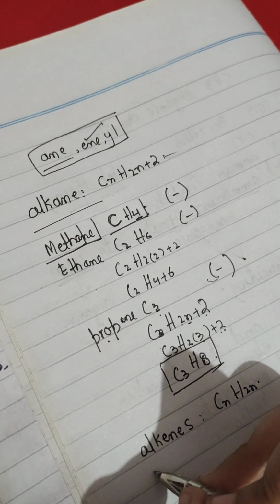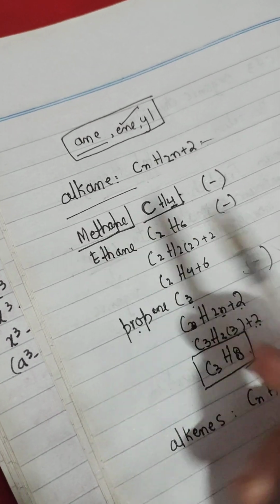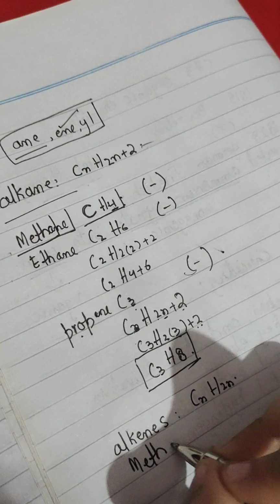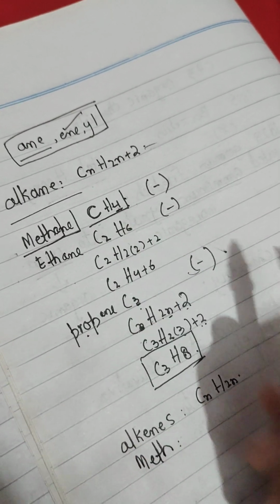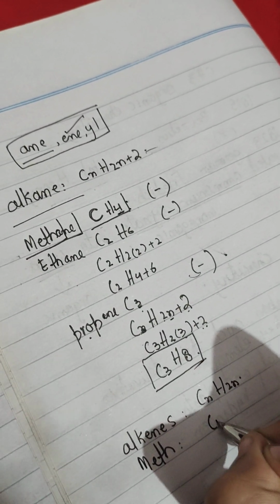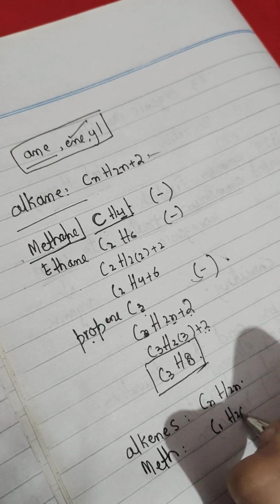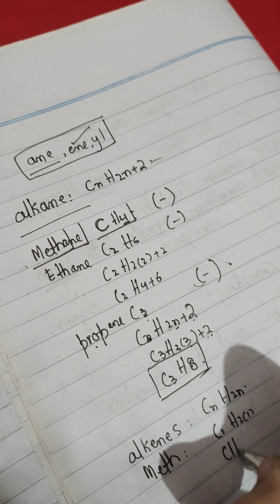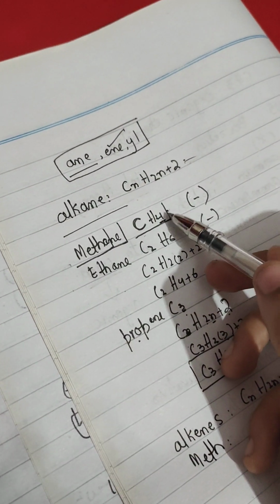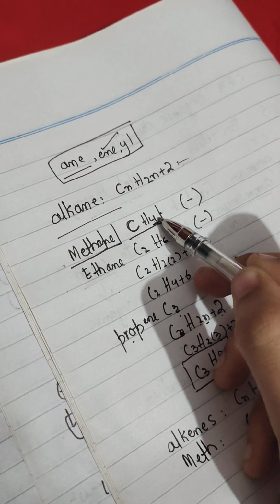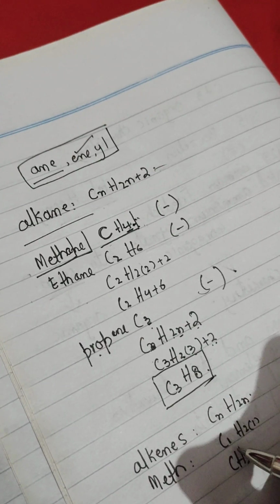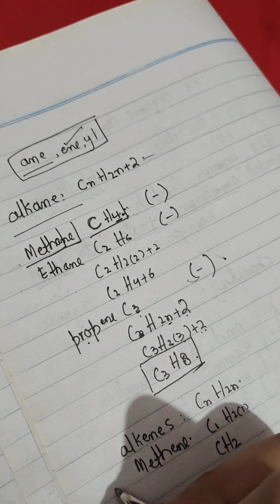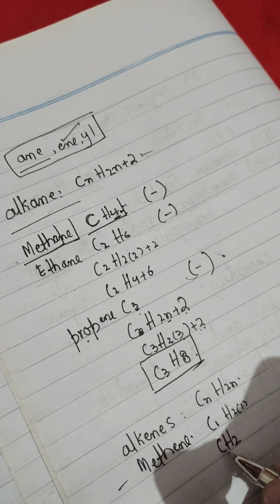Now here we are taking meth again, and C is 1, carbon 1, H2n. So you can see the difference: 4 will be reduced by 2, so it will become methene. Yeah, methene.